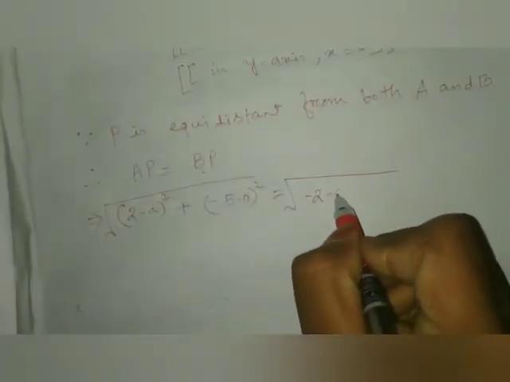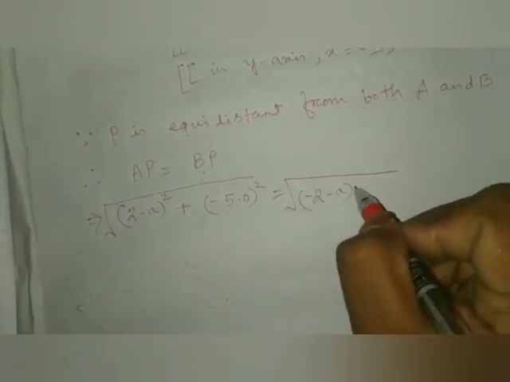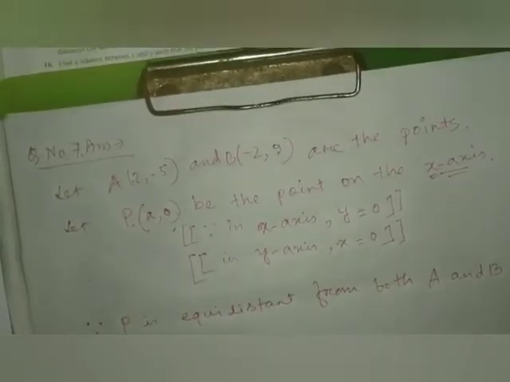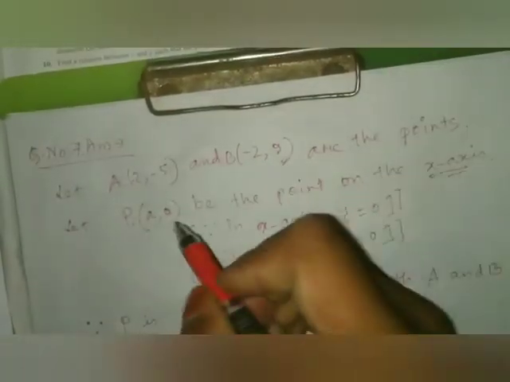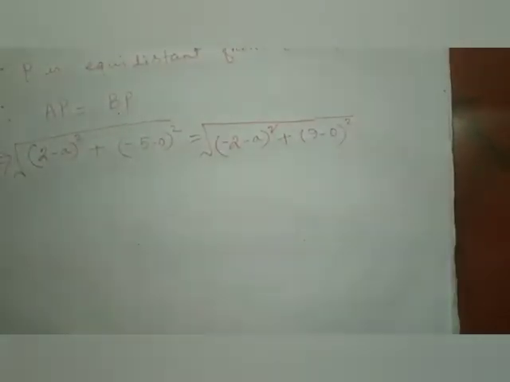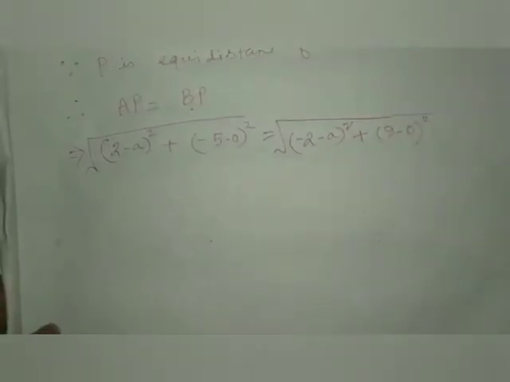Now B and P: x coordinate -2 and a, so (-2 - a), plus the y coordinate 9 and 0, so (9 - 0) whole square. So now we can solve it and we will get the value of a.